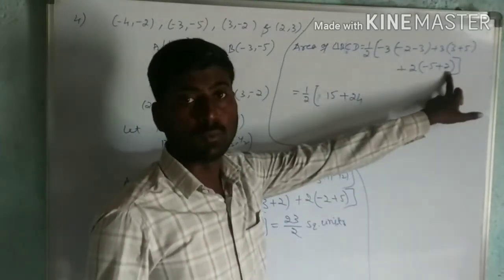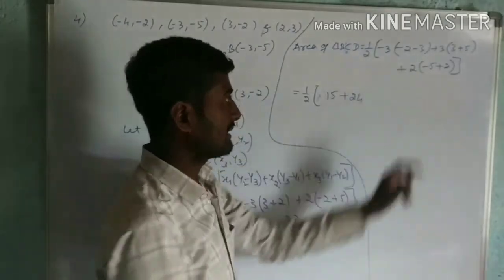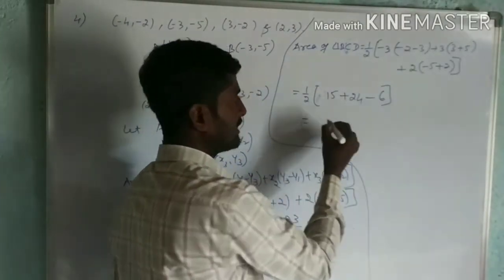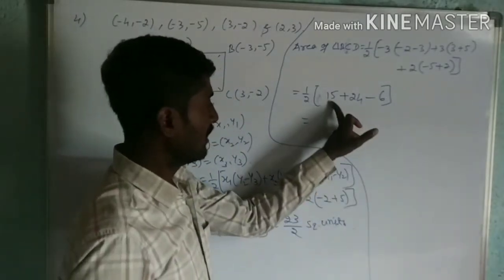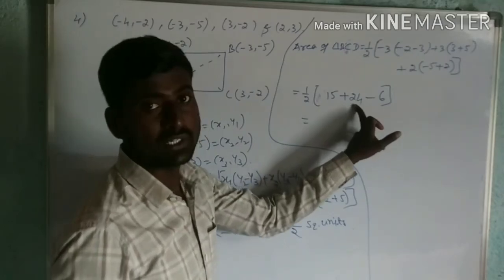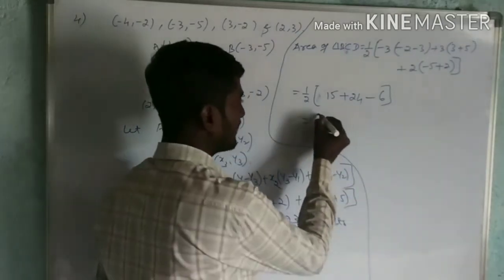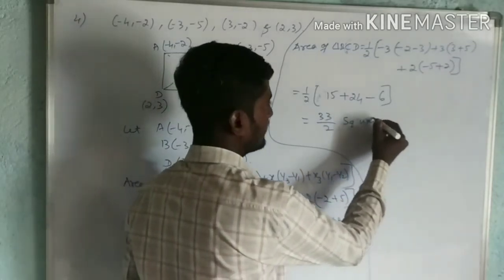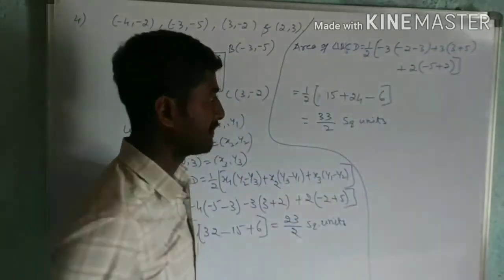Minus 5 plus 2 is minus 3. Minus into plus is minus, 3 2s are 6. Now this is equal to 15 minus 6, that is 9. 9 plus 24, that is 33. 33 divided by 2 square units. Okay, this is the area of triangle BCD.